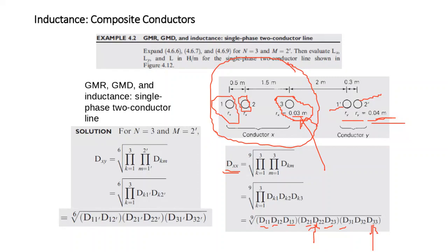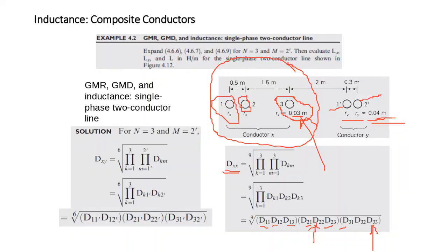Please focus on these, actually, the formula. You'll be given a formula, and therefore you need to deduce how to write these. So instead of writing Rx, we write D11, D22. In this case here, D11 equals D22 equals D33.